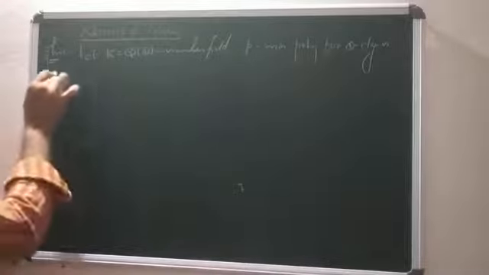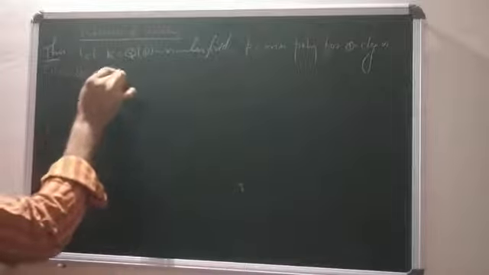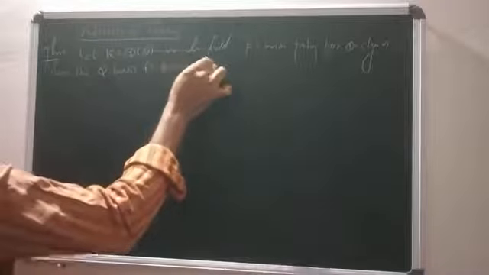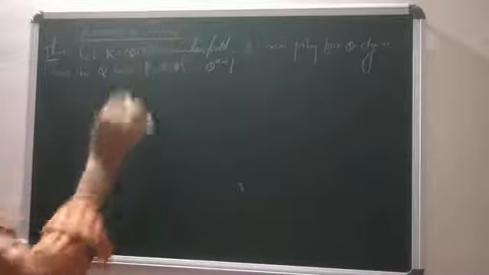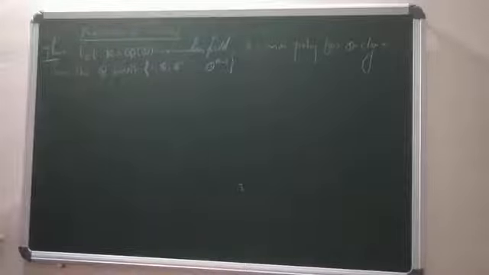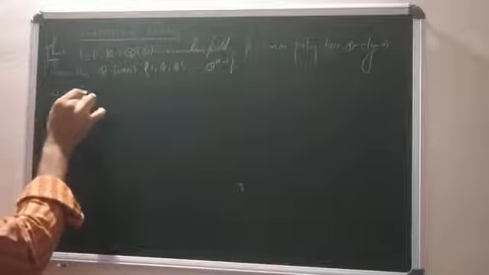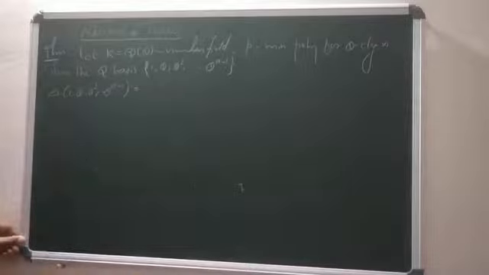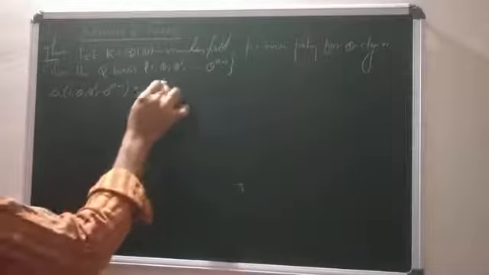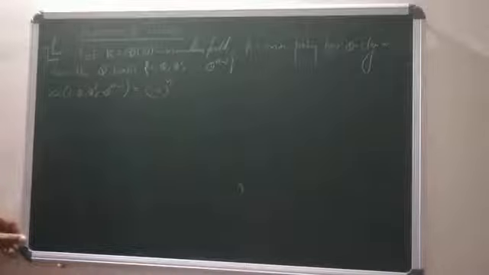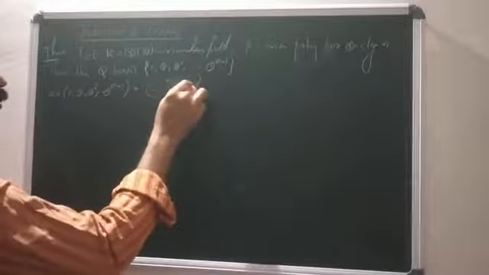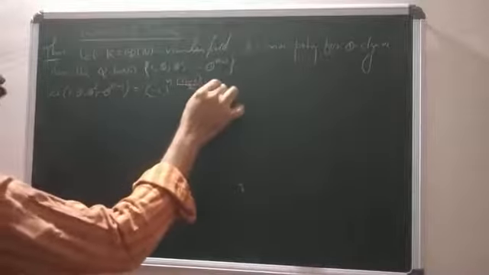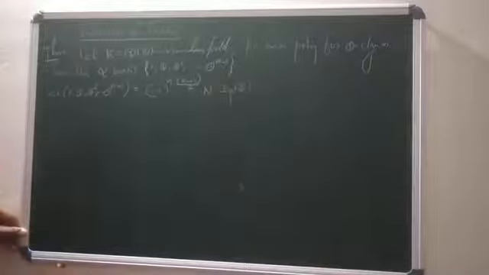Then the Q basis 1, theta, theta square, etc., theta to the power n minus 1, has discriminant delta of 1, theta, etc., theta to the power n minus 1, equal to minus 1 to the power n into n minus 1 by 2, into the norm of dP of theta.